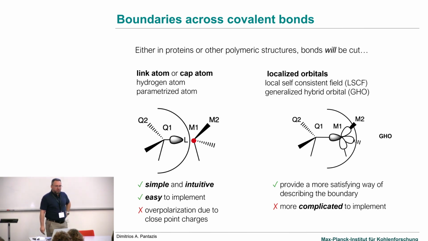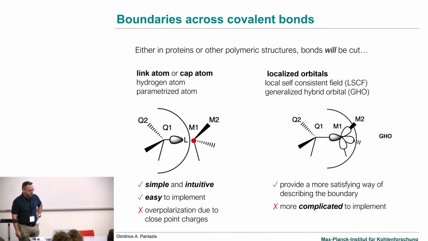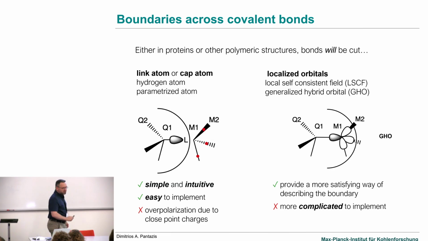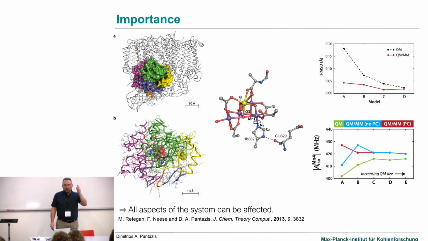The treatment of the boundaries across covalent bonds is a sensitive issue also in setting up QM/MM calculations. And often we use link atoms, and we need to do something about the charges so that we do not overpolarize the QM region. There are a lot of details that one can find in the ORCA manual.